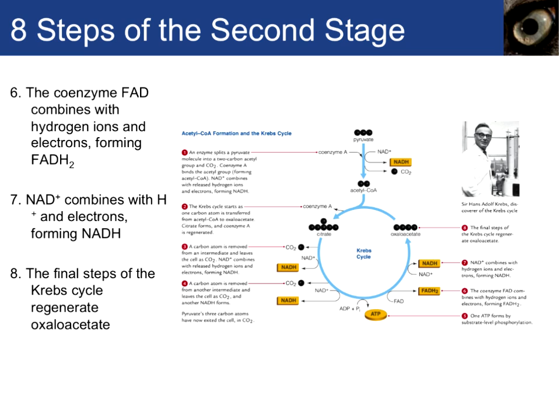So this is a cyclic reaction. So at the end of the second stage of the breakdown of 2 pyruvate molecules, you have a yield of 10 reduced coenzymes. So this is the NADH and FADH2. And also you have 2 ATP that have been produced during the Krebs cycle.